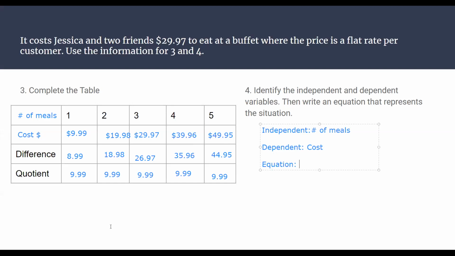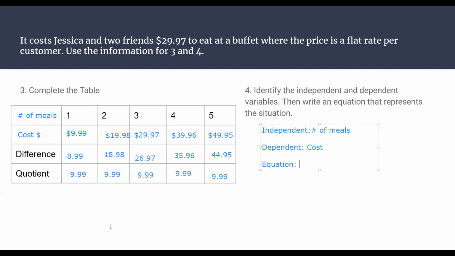The quotient, the relationship that they all had in common, was $9.99. What I was doing was dividing, so your equation is actually going to be the opposite of what you did. If it was subtracting, you would then be adding.